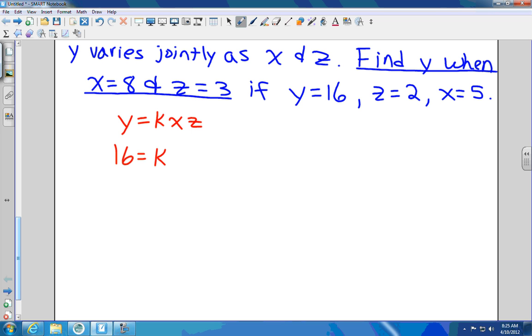What was x? 5 and z, 2. So what's k equal? And I would leave it as a fraction. So what's the reduced fraction? 8 over 5 for k.